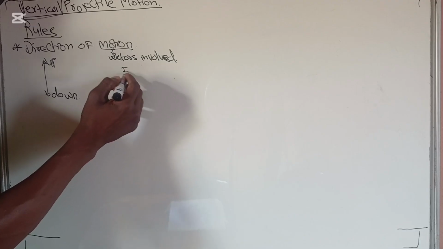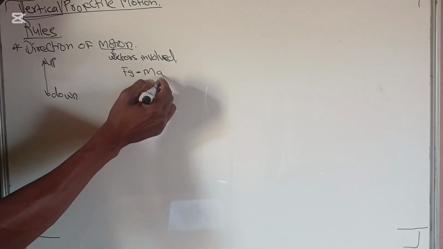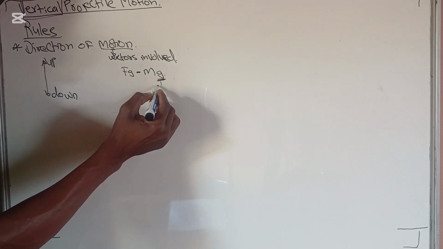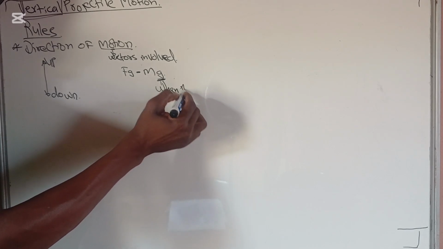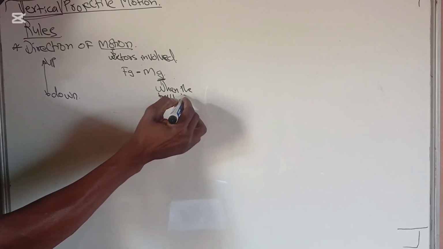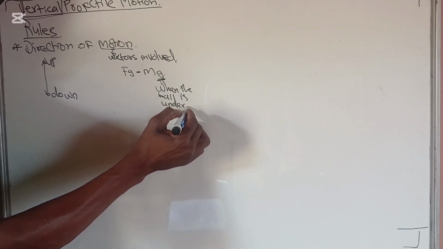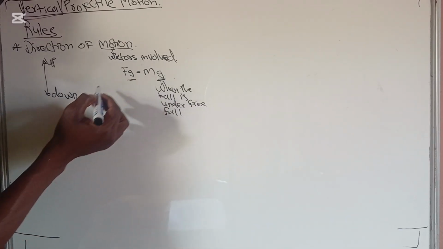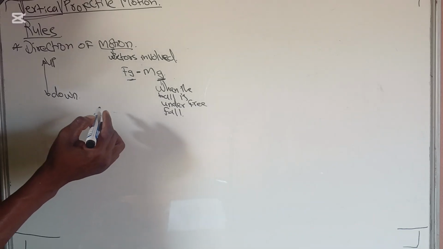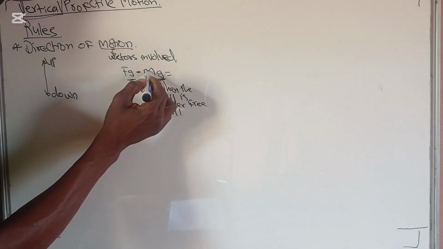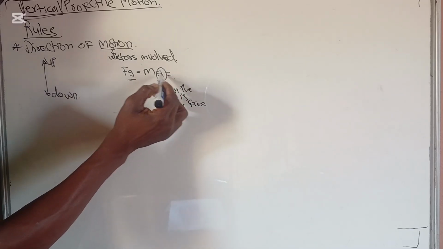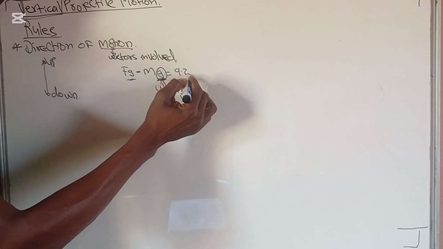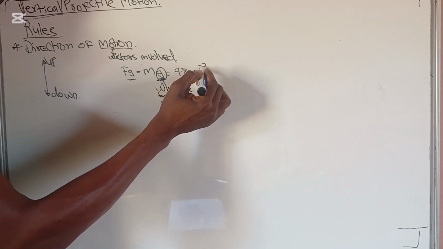Fg is equal to mg, so when the ball is under free fall, only this force is acting on that object. This is mass, but what we are interested in now is the acceleration, 9.8 meters per second squared.